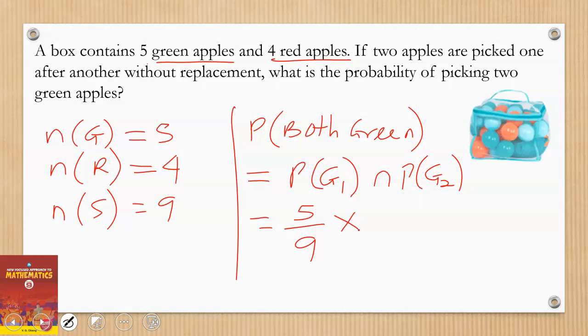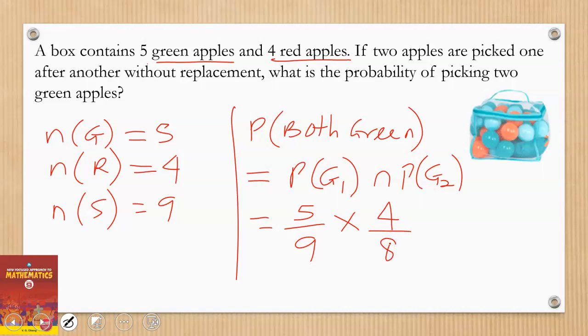Now I have put the green aside. I'm going to pick another one, which my chance is also going to be picking green. And so now the total number of green has reduced to 4, right? Over the total sample space, which has reduced to 8.